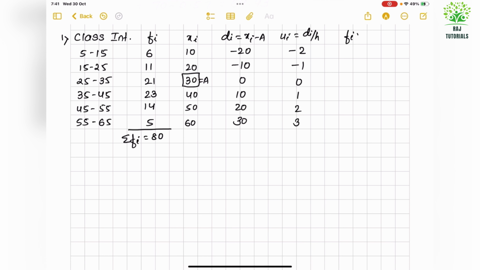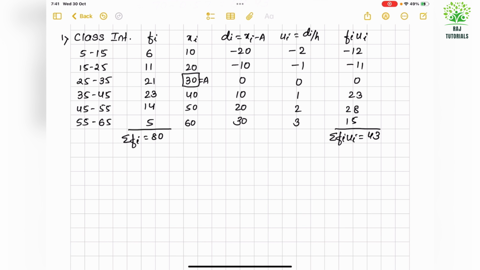Now fi ui I am finding. So 6 into minus 2 is minus 12, minus 11, 0, 23, 28 and 15. So sigma fi ui is coming as 43.